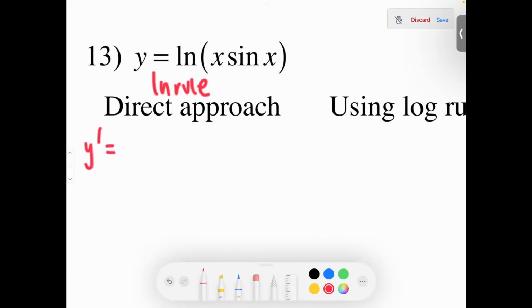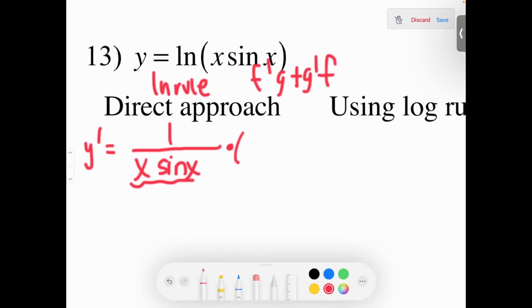So y prime is going to be equal to derivative of natural log of something is 1 over that something. And then we're going to have to multiply that by the derivative of this x sine x piece. And the derivative of that is going to be product rule. So then we're looking at f prime g plus g prime f.